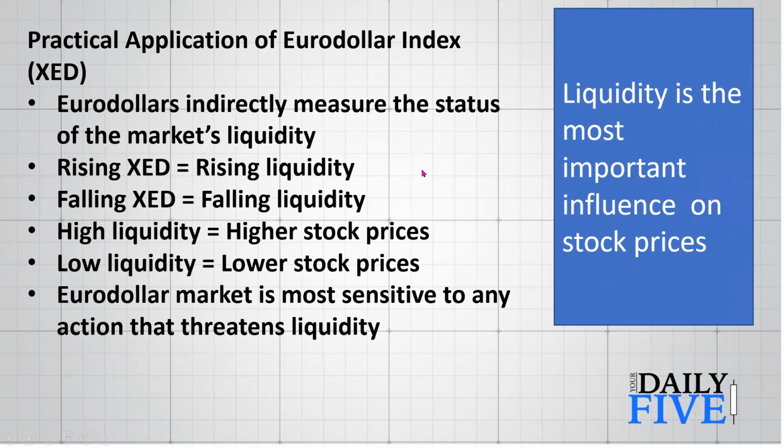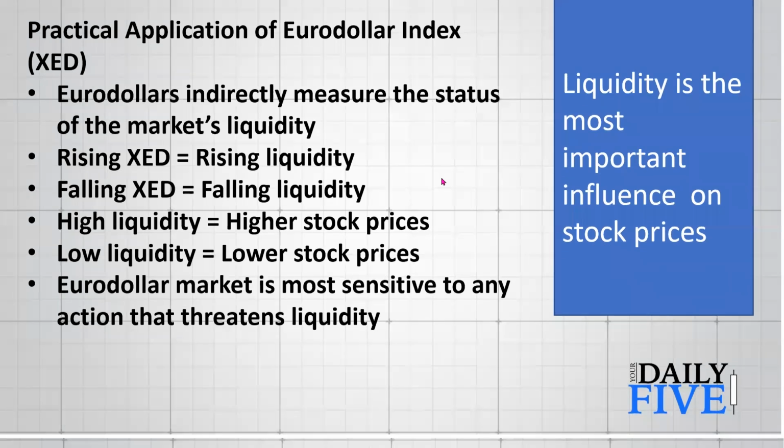When the XED, which I will describe in a second, rises, it means there's rising liquidity. When the XED falls, it's falling liquidity. High liquidity usually leads to higher stock prices. Low liquidity leads to lower stock prices. And the Eurodollar market is the most sensitive instrument to any action that threatens liquidity.